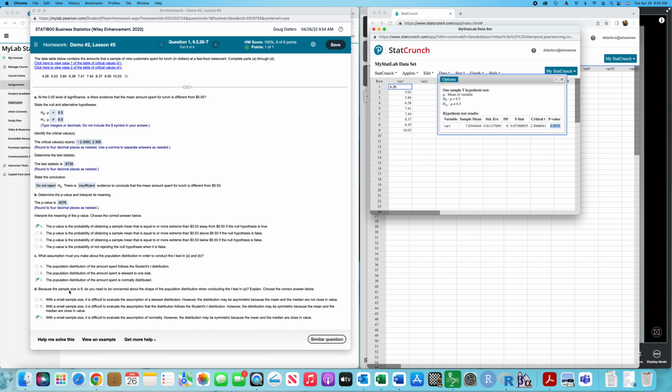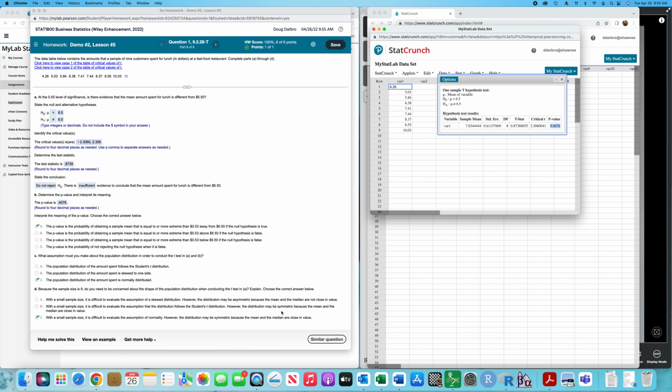And finally, because the sample size is 9, do you need to be concerned about the shape of the population distribution? Yeah, you do. So that's why I chose C. With a small sample, it's difficult to evaluate the normality. So the distribution may be symmetric. And I notice again the light language there. It's not strong language that the distribution is normally distributed.